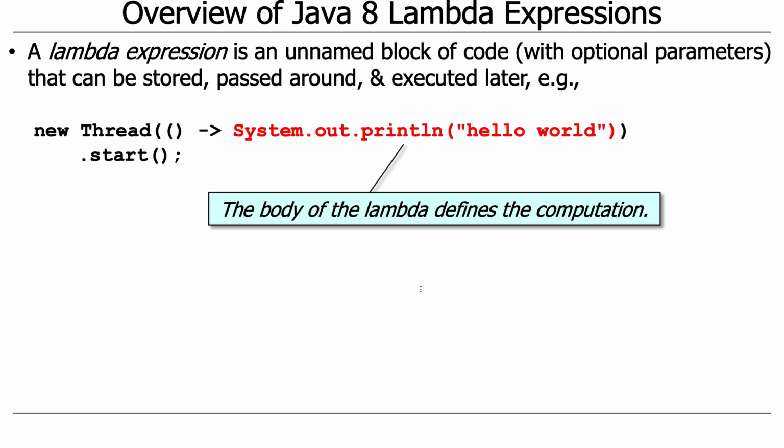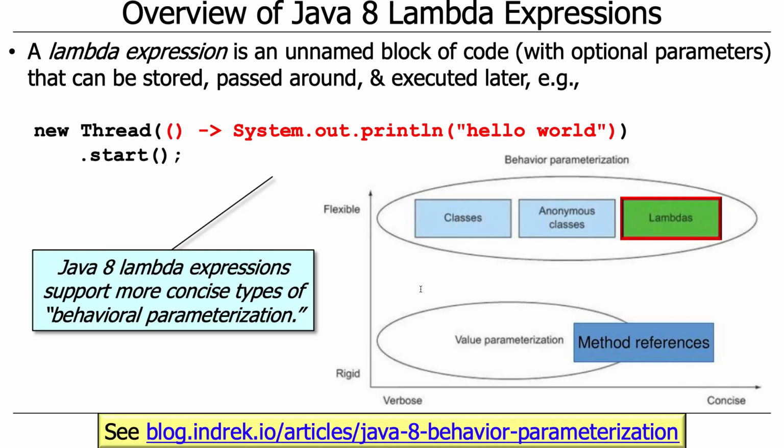Not too syntactically jarring. And one of the nice things with Lambda expressions is they allow you to concisely express behavioral parameterization. Remember we talked before about some of the key concepts of functional programming, things like being stateless, avoiding side effects, and getting to the essence of the computation as opposed to mutable state.